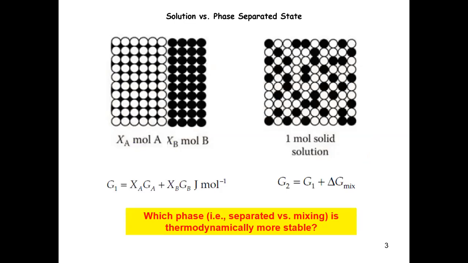Okay, so again, let's quickly recap our setup. When we talk about the regular solution or ideal solution, the key thing is that we want to know, if in one case we have a phase separated state versus a solid solution state, which one is going to be more stable. To see which one is stable, we compare their Gibbs free energy, in this case the molar Gibbs free energy for the system.